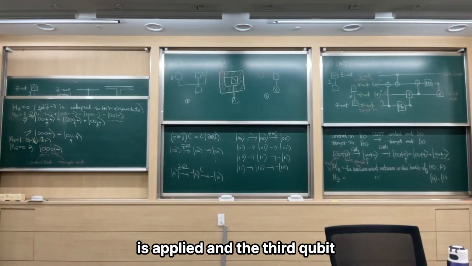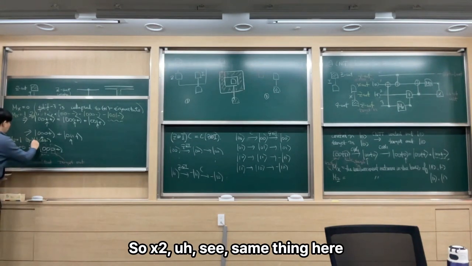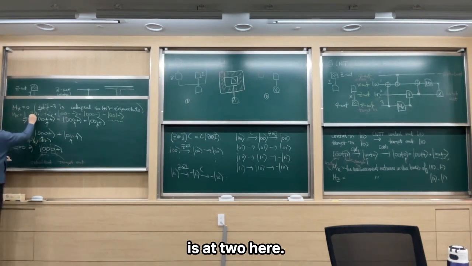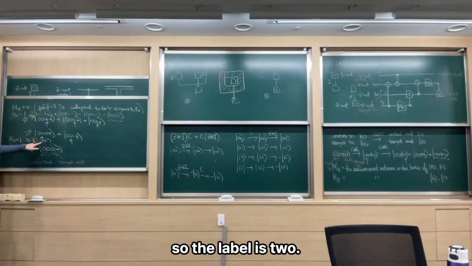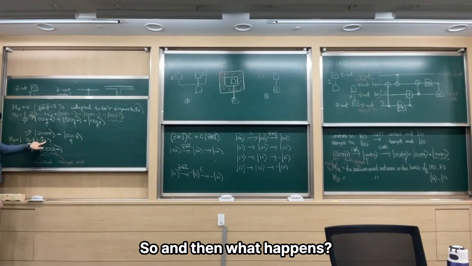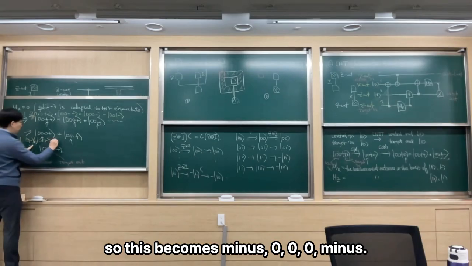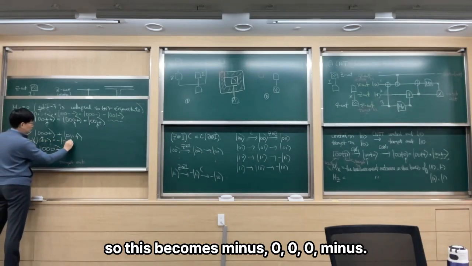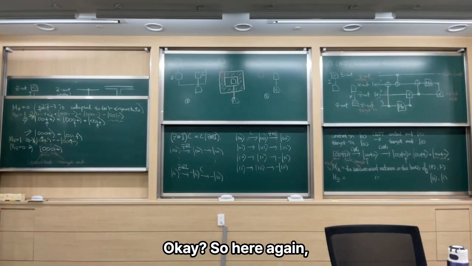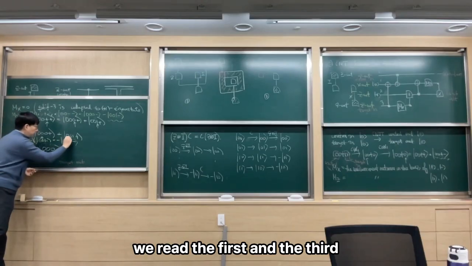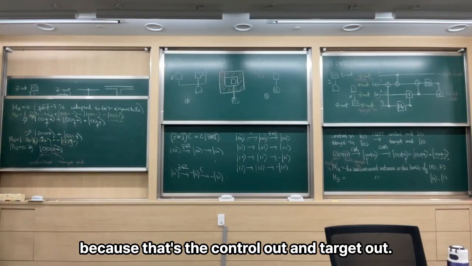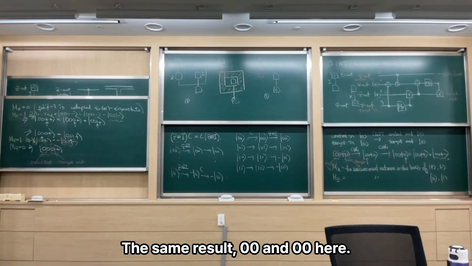X3 is applied, and the third qubit means X2, sorry, so X2. Same thing here, it's labeled 2. And then what happens? 1 is turned to 0, so this becomes minus 0, 0, 0, minus. Okay? So here again, we read the first and the third, because that's the control out and target out. The same result, 0, 0 and 0, 0 here.